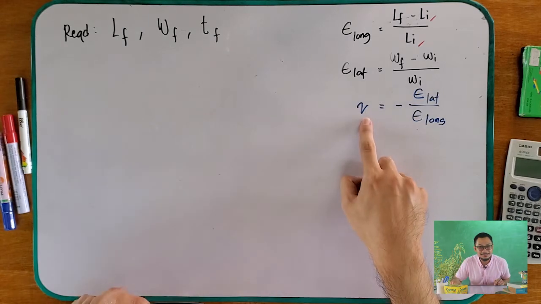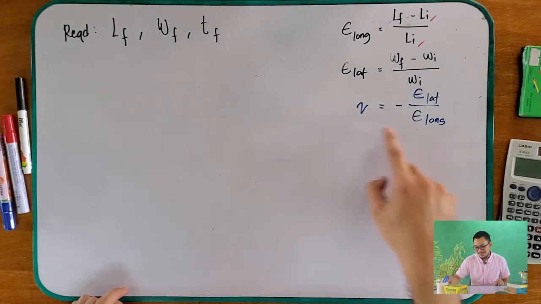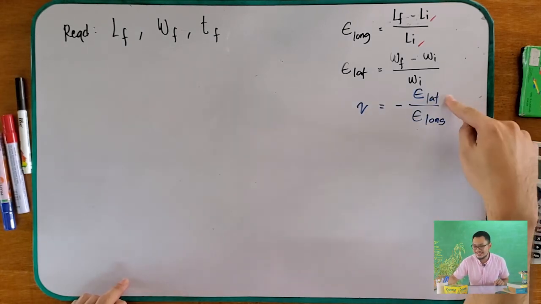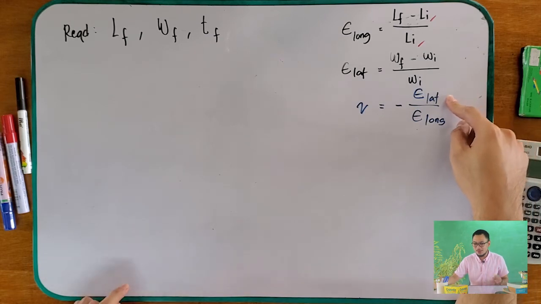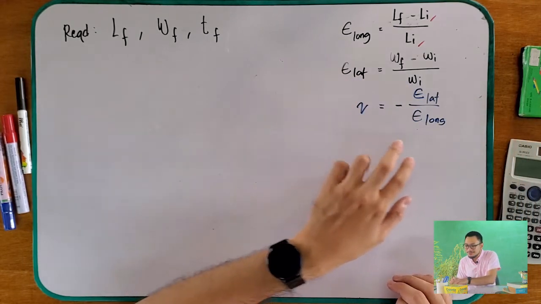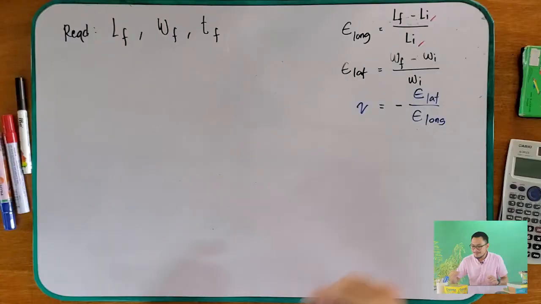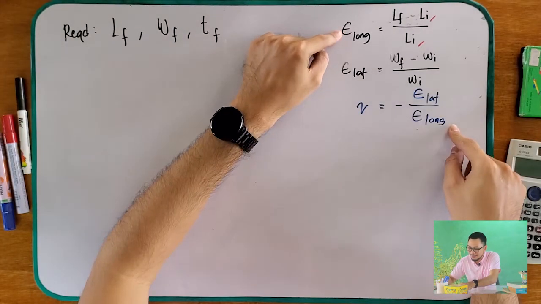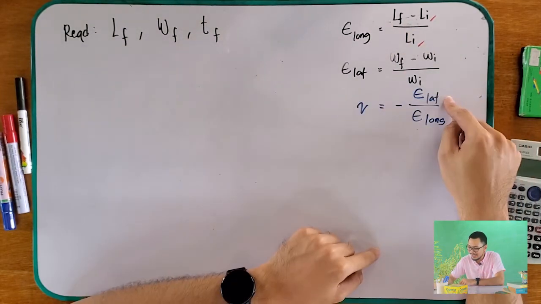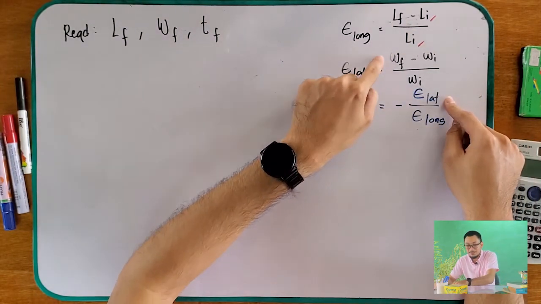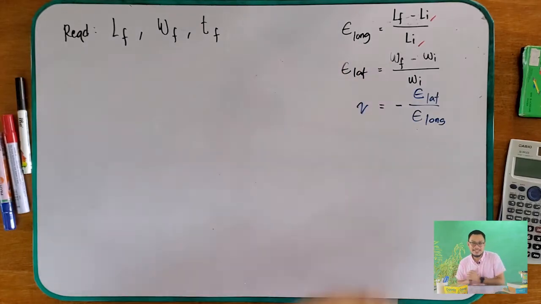This is given, this is not given, and this is not given. So once we have one that we can get this from, then we can now solve the problem. We can solve for LF, and then we can determine WF or TF.